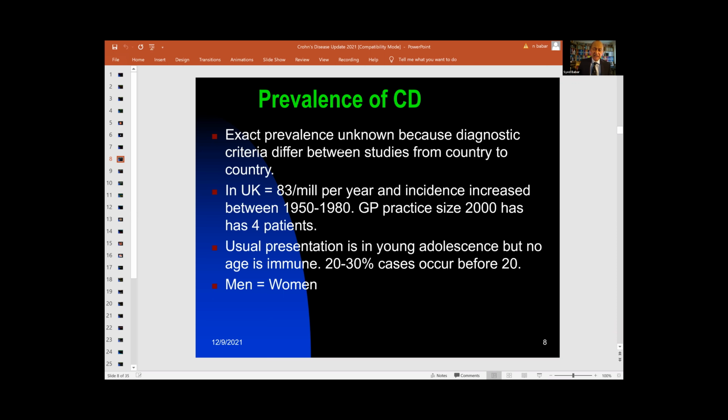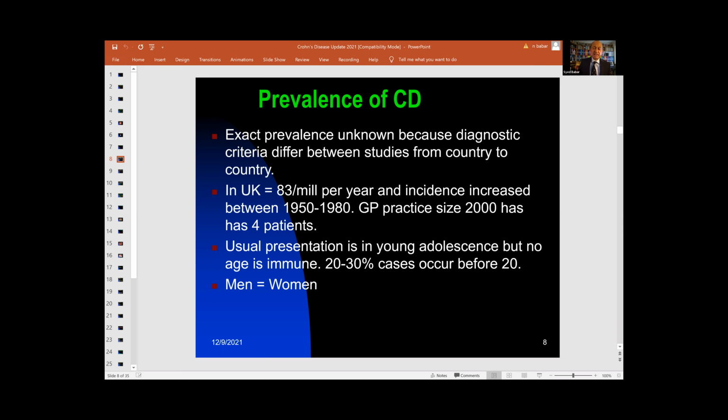An average single-handed GP practice is said to be around 1,200 to 2,000 patients on the list, and this would have 4 patients. But of course, increasingly, there are no single-handed practices anymore. So the group practices will have a patient registration population of maybe 6,000 or more.